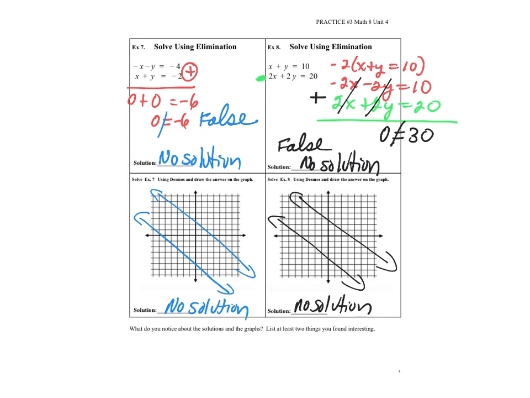Okay, and what do you notice about the solutions of the graph? So what you should notice is, and this should be your own words and your own thoughts, 1, if there's one solution, you get intersecting lines.